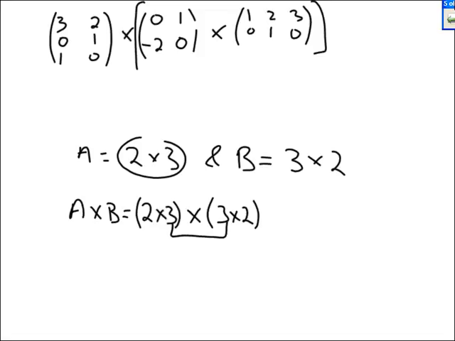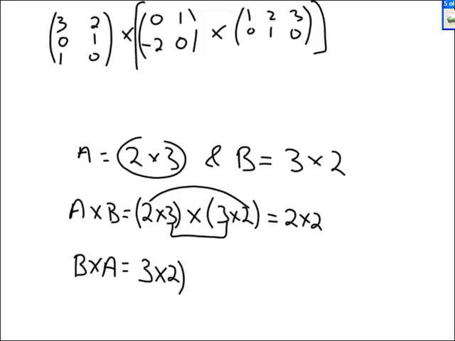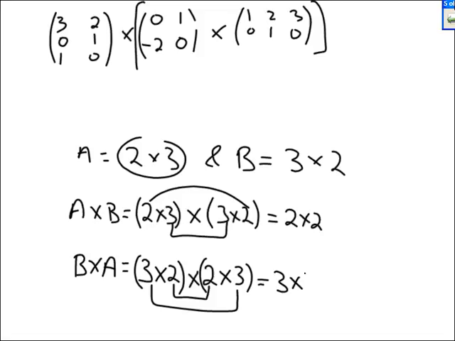Since these are the same, we will get a 2 by 2 matrix. But if you did B times A, I'm doing a lot of theory here, B times A is this 3 by 2. I want to multiply that with A, which is a 2 by 3. Those are the same. 3 by 3 will be the answer.